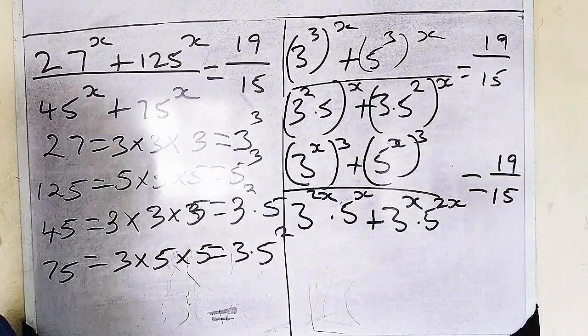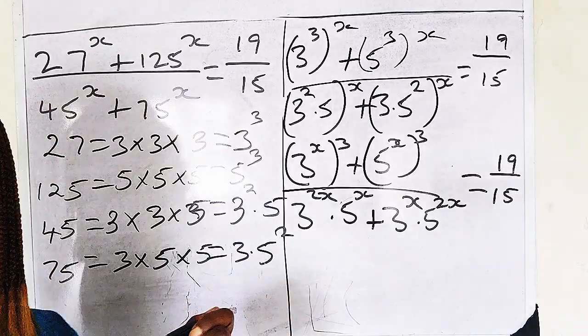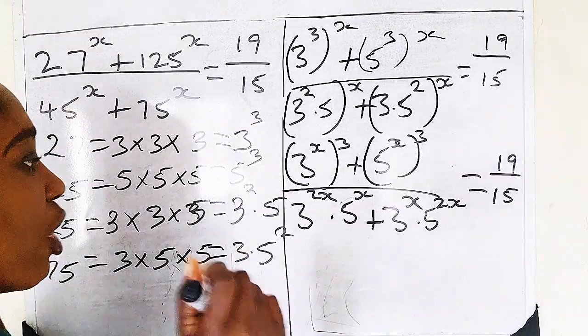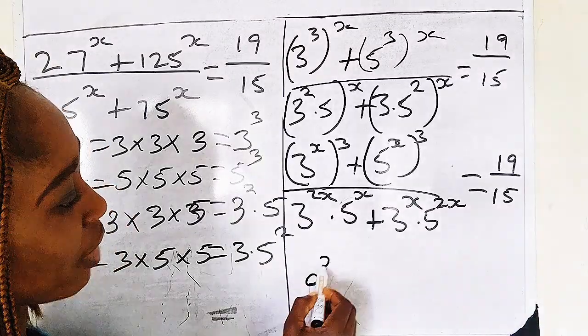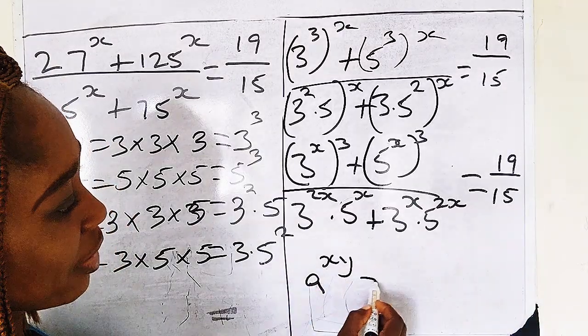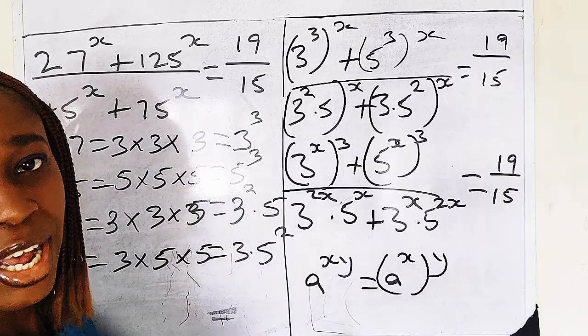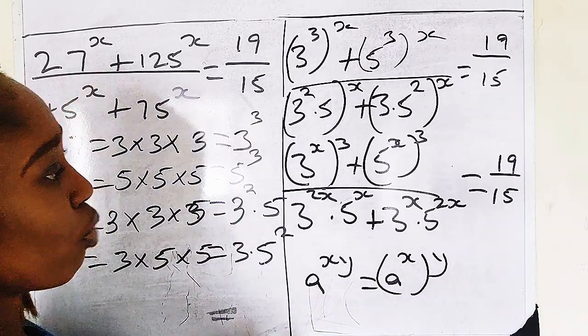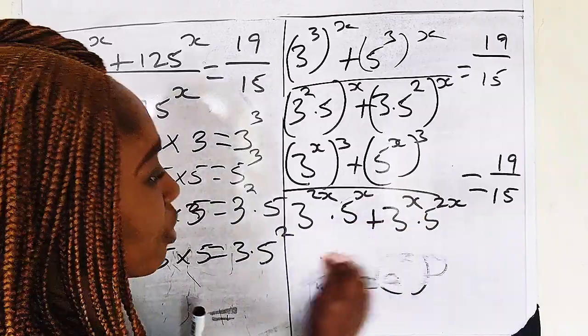Now, we are going to put these ones, 3 to the power of x, inside the bracket according to the law of indices. The law that says that if you have a to the power of xy, it's the same thing as a to the power of x bracket y. Applying this law of indices, we are going to put this x inside the bracket.